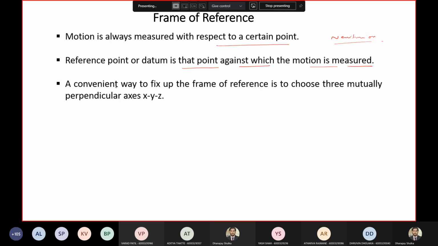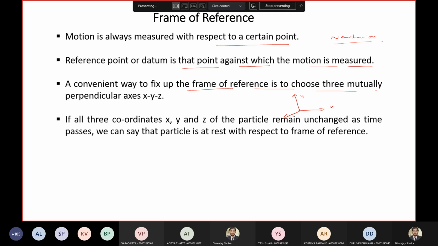A convenient way to fix the frame of reference is to choose three mutually perpendicular axes, let's say x, y, and z. We measure the coordinates of all the particles in that frame of reference. If the coordinates x, y, and z remain the same with respect to time, then we can say it is at rest.